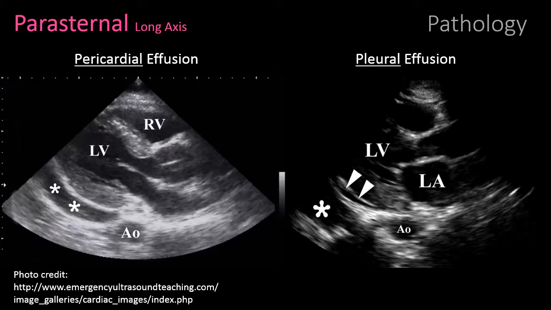But then, if you look at the image on the left, you can see that we have this extra black space where those two asterisks are. And in the image on the right, there are actually two extra black spaces. One is marked by the two arrows, and the other one is marked by an asterisk.